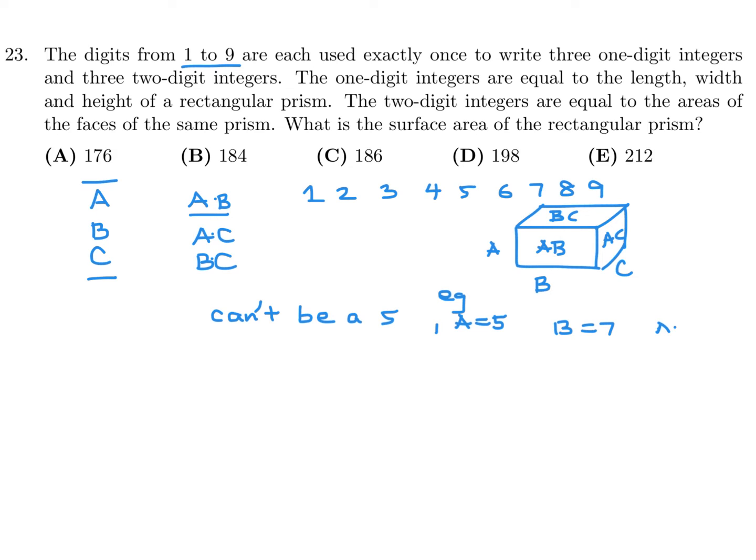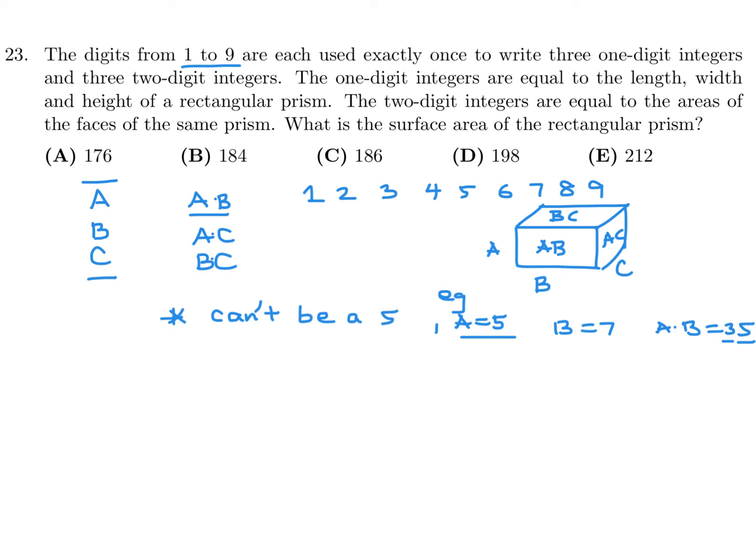So A times B would be 35. Now that's a problem because that's a 2-digit number, but you have a 5 in it, and you can't use the 5 more than once. You've already used it once. So that's why none of those can be a 5. Got it? So I'm going through this step by step to see what we can do.